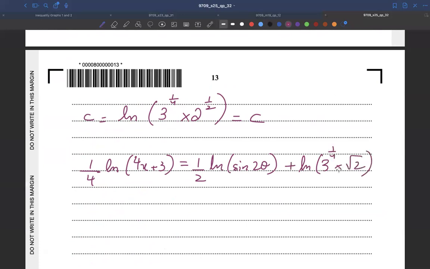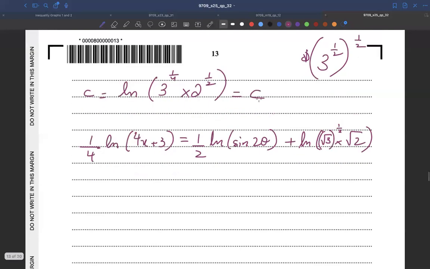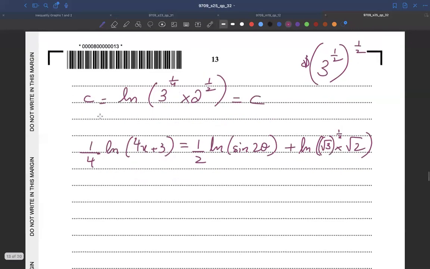And we can also write 3 power 1 upon 4 in the root form. So if I write 3 power 1 upon 2, and basically this is 2 square roots, we can write it as root 3 to the power of 1 upon 2. Okay, I can see a way we can simplify it further.